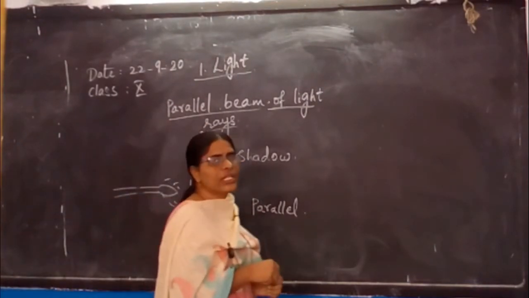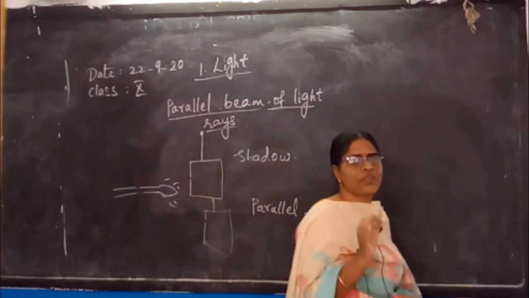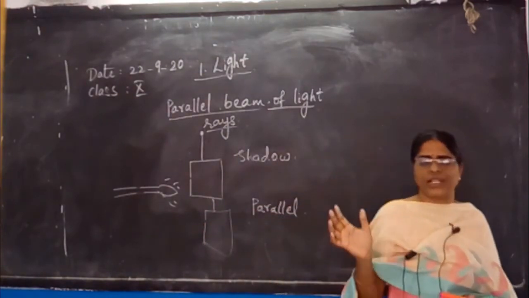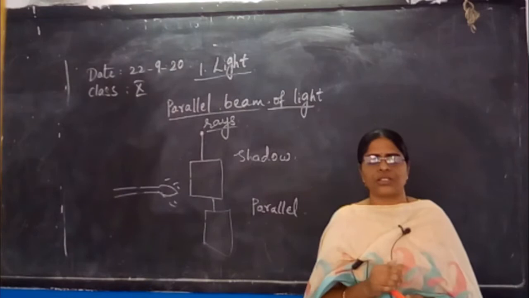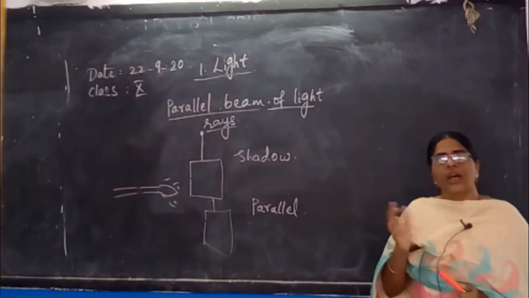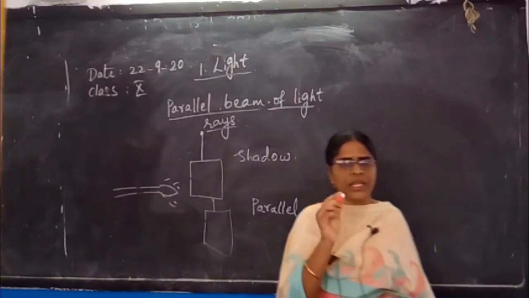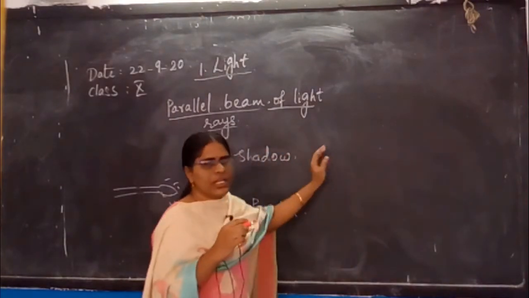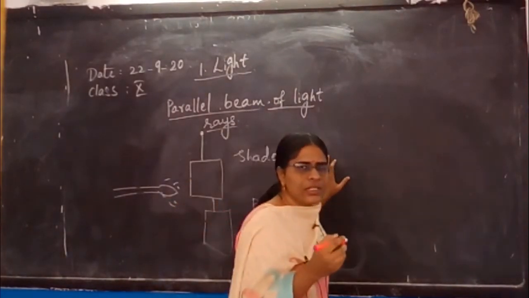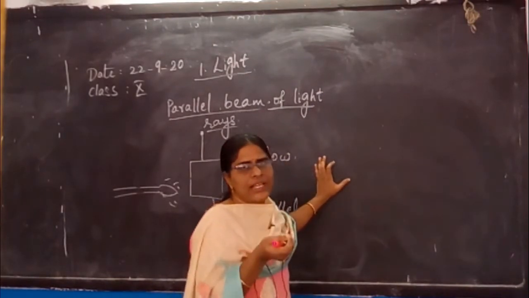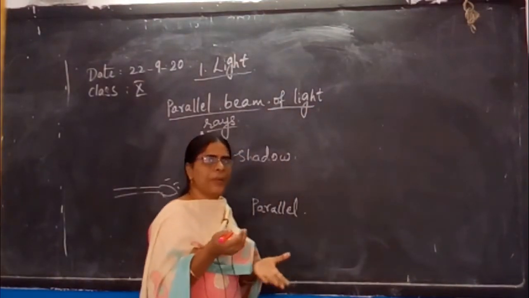Hence, whenever an object is at a faraway distance, we will get a parallel beam of light rays.